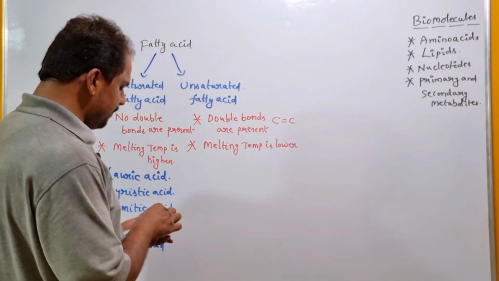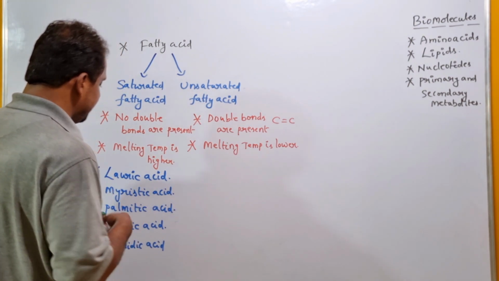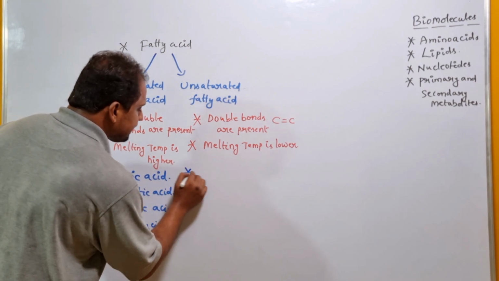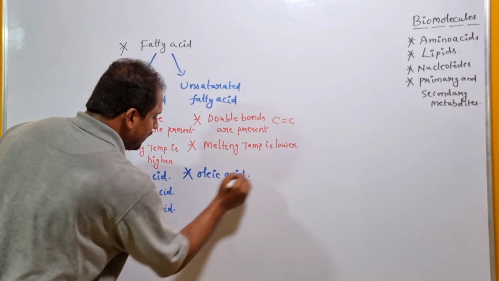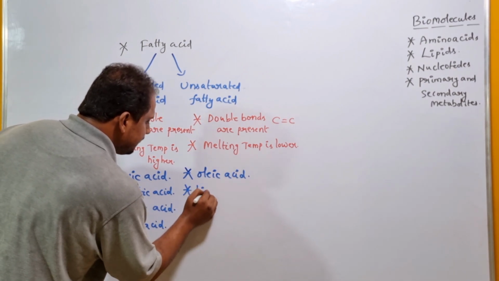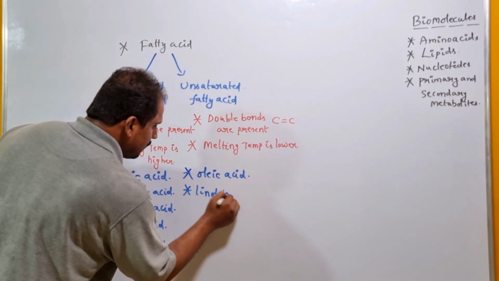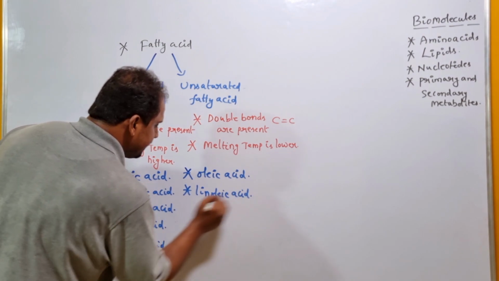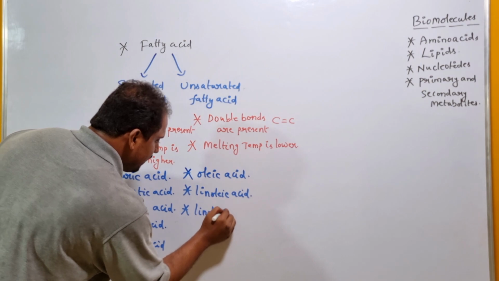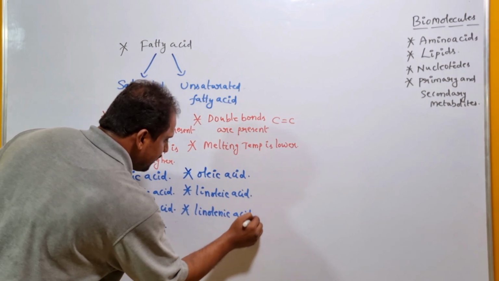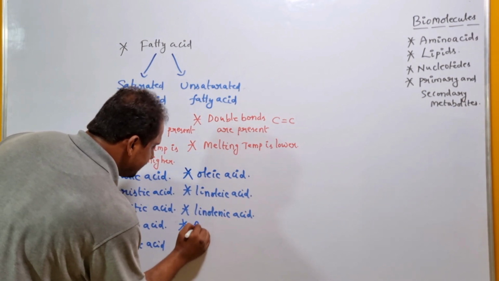The examples of unsaturated fatty acids include oleic acid, linoleic acid, linolenic acid, and the other one is arachidonic acid.